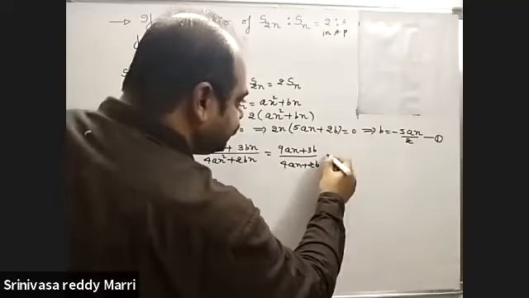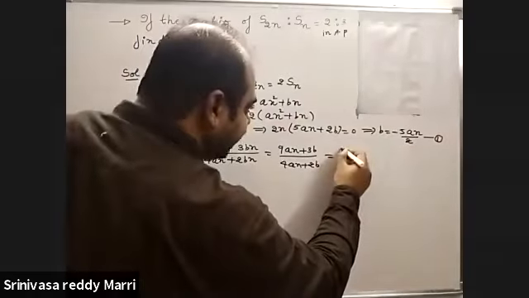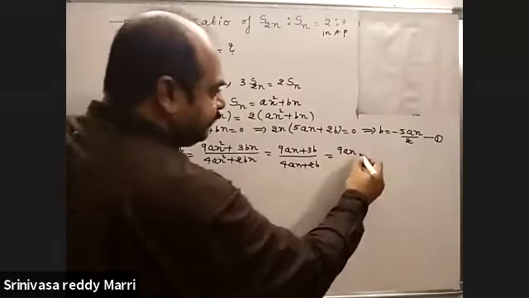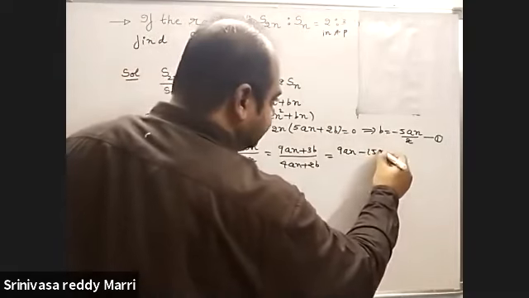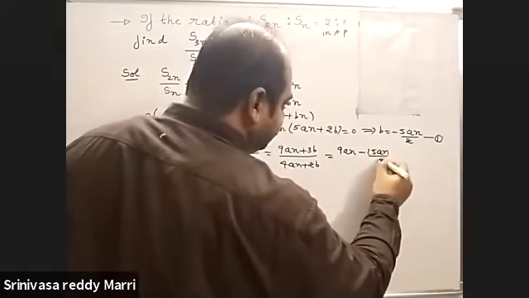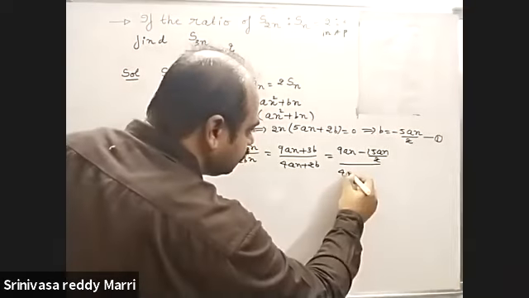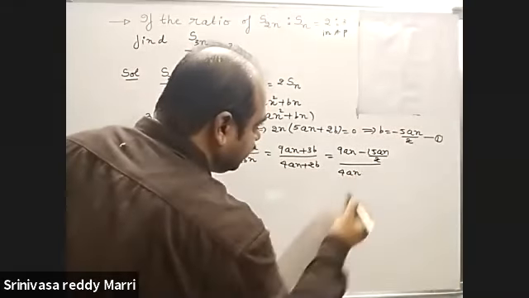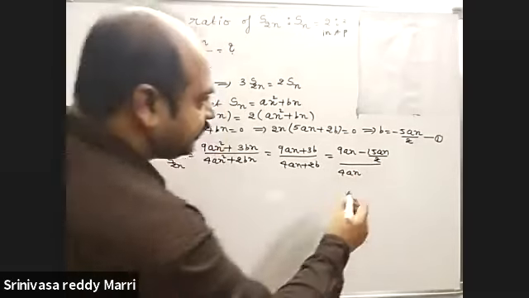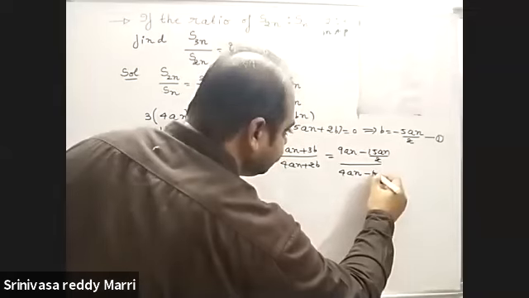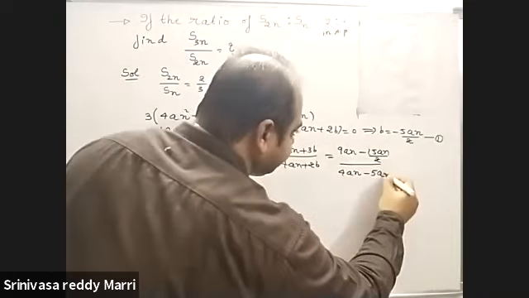Strike off n. Now substitute b equal to minus 5an by 2. In place of b, minus 5an by 2 means 3b is minus 15an by 2, divided by 4an plus 2 into minus 5an by 2, so minus 5an.